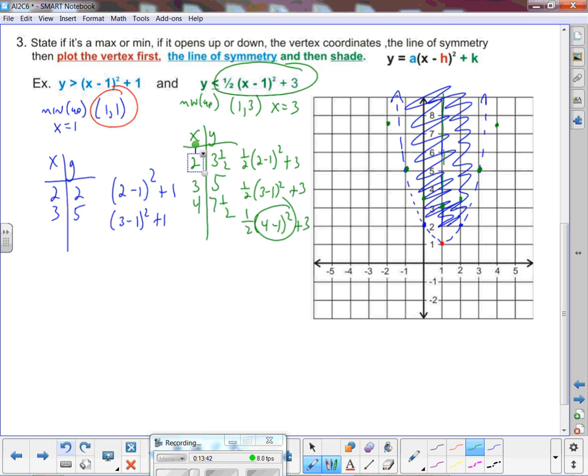Okay, I look back at my symbol. And let me clean this up a little bit here. Let's get rid of this. Wow, very slow on my responsiveness there. Okay, so if you take a look, we've got a less than or equal to. All right, that means the points of the curve are included in the solution.